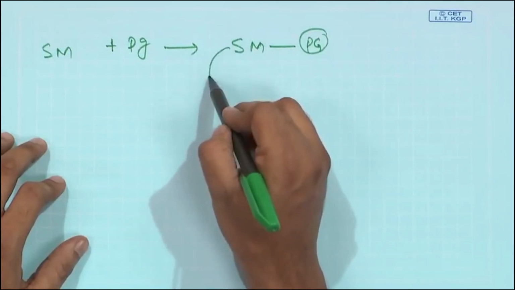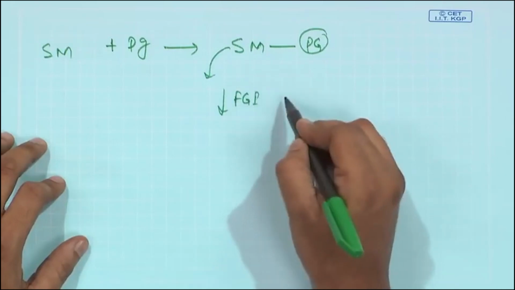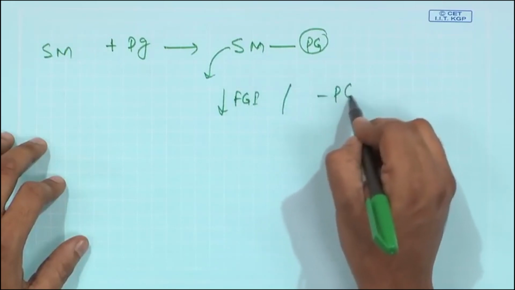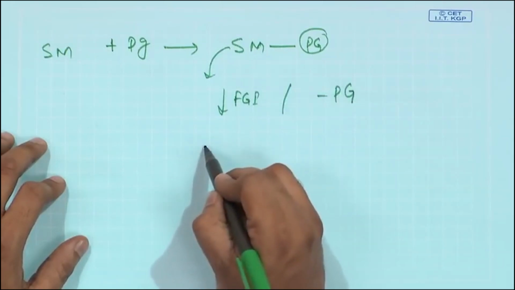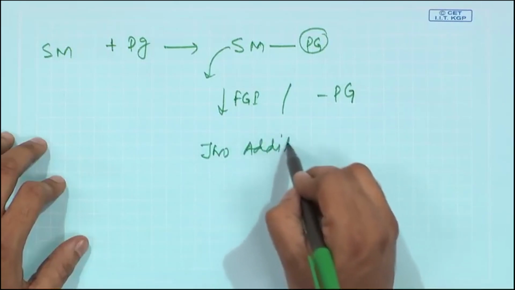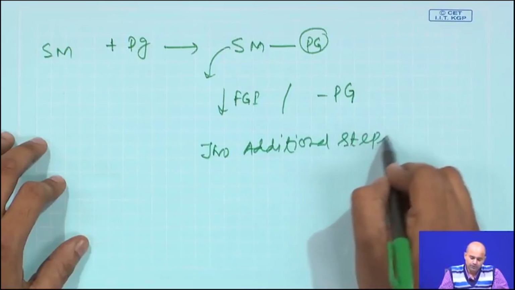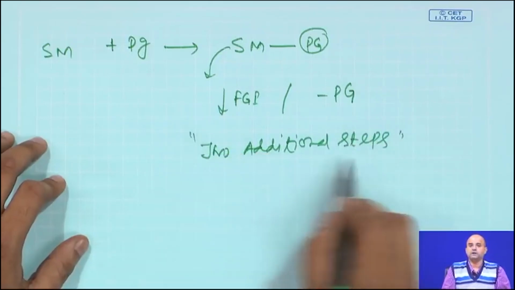Then you do some reactions here, do some FGI, and then finally you have to remove the protecting group. So, 2 additional steps are often required whenever a protecting group is used in your retrosynthetic pathway.